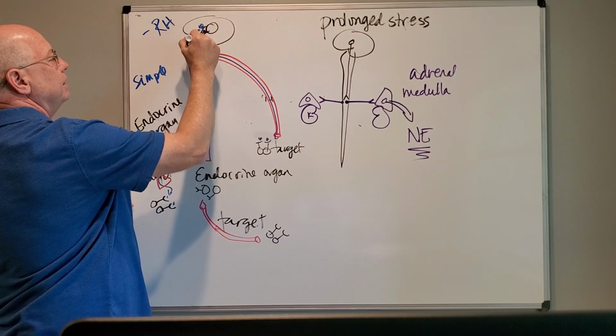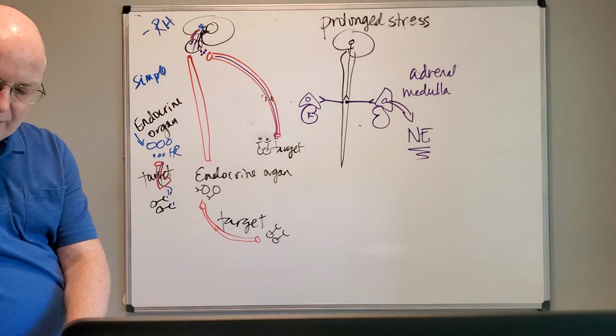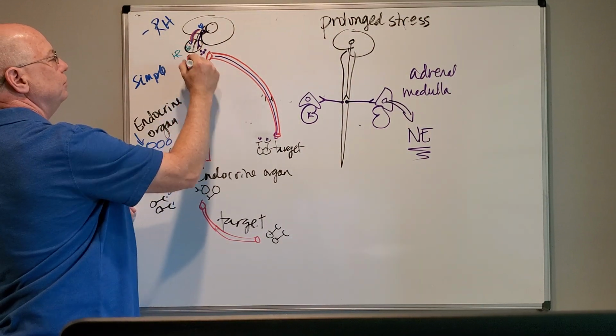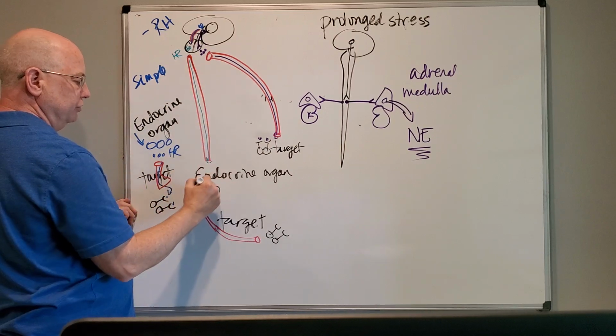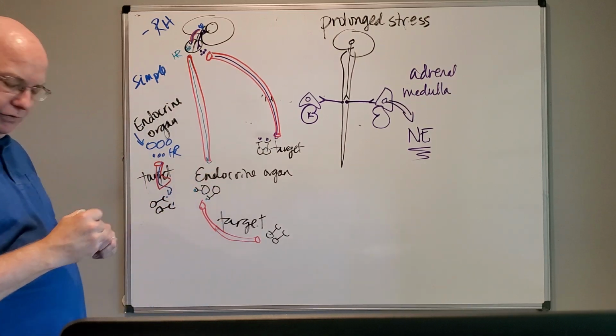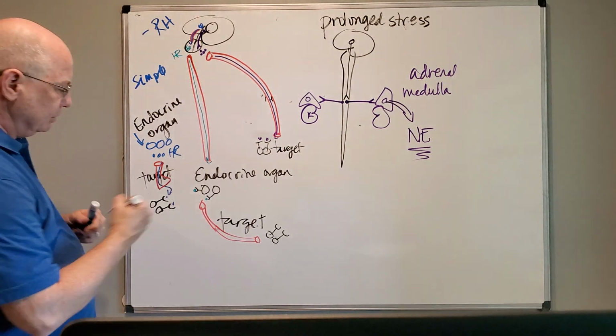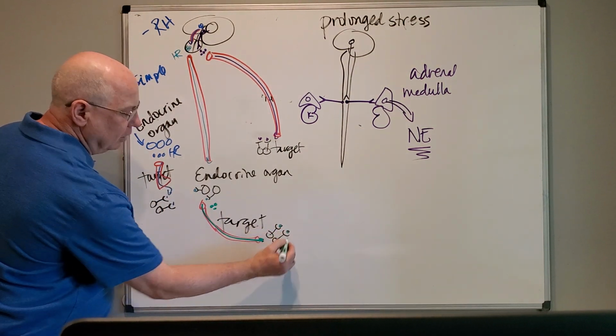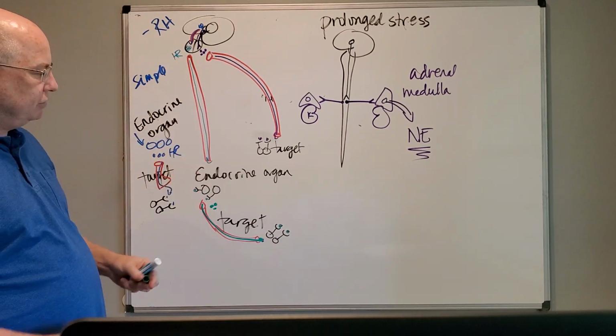I didn't draw them in the hypothalamus, but you get the idea. And then cells in the anterior pituitary receive that, and they release the tropic hormone. The tropic hormone goes and binds to cells of another endocrine organ, and that endocrine organ is going to release a new hormone that's going to go to the target. Although there is an occasion where we'll skip this extra step.